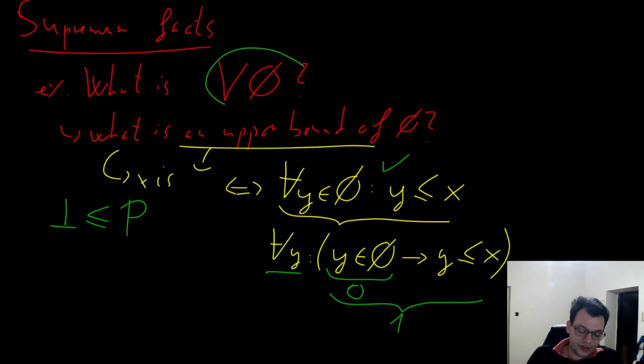And back to our original question, this means that the least upper bound is the least element of the poset. So the supremum of the empty set is always, by definition, the least element of P, if it exists.